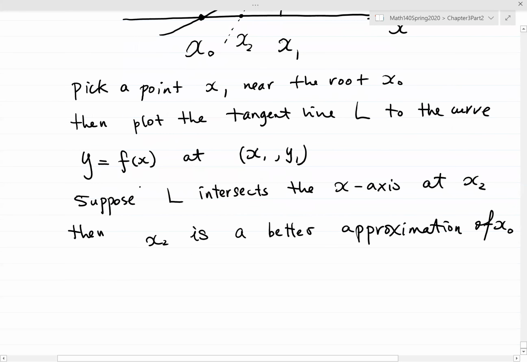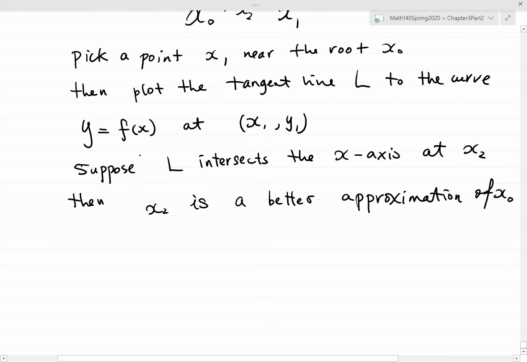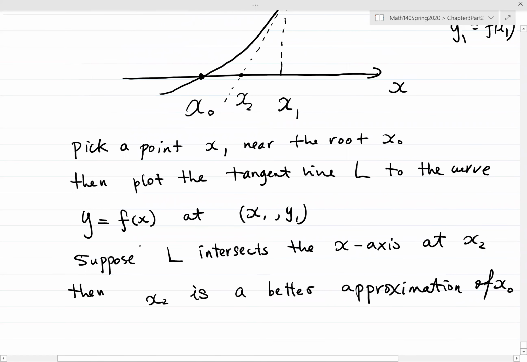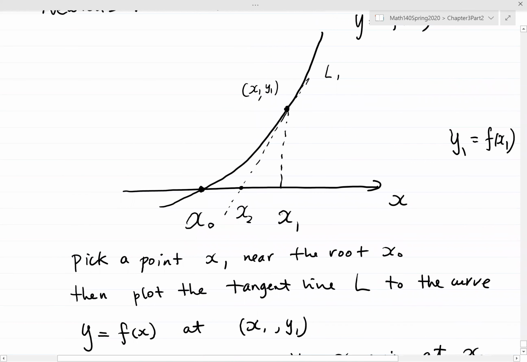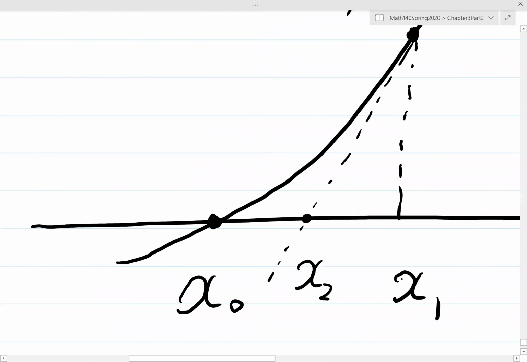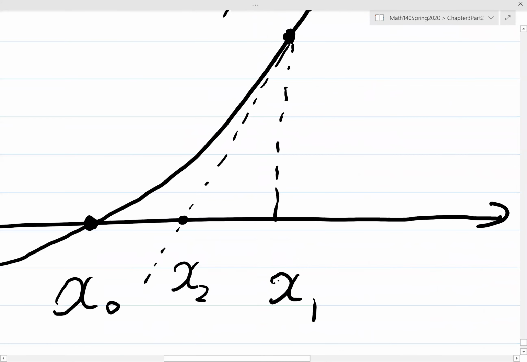There's no reason to stop, so we repeat the above procedure. Starting from x1, we plot the tangent line, which intersects the x-axis at x2.